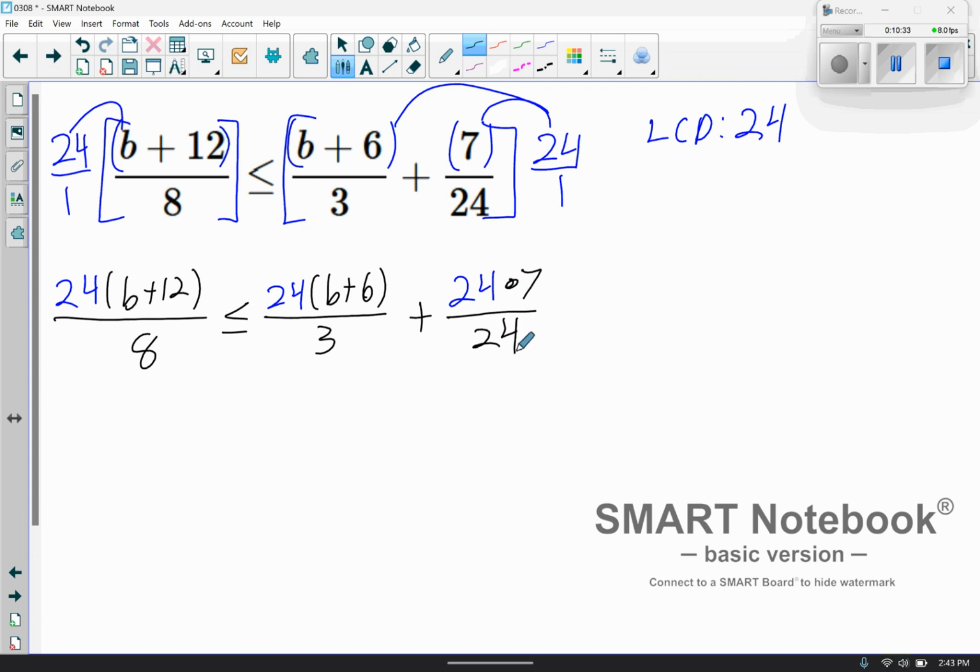The reason I don't want to distribute yet is because the 24 is going to reduce with each denominator individually to where I won't have these fractions any longer.